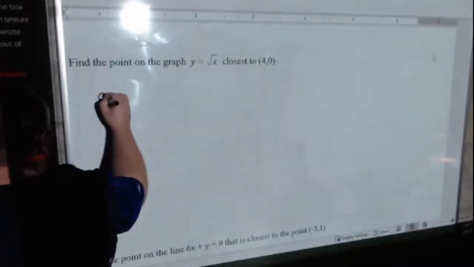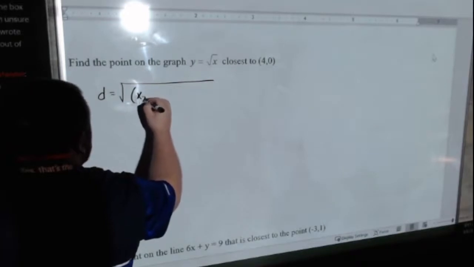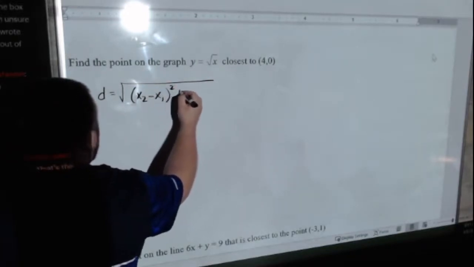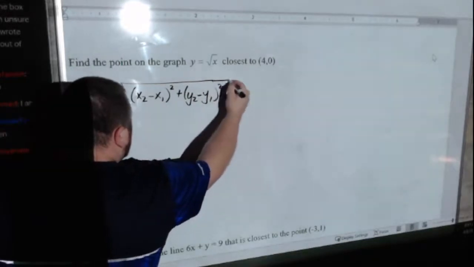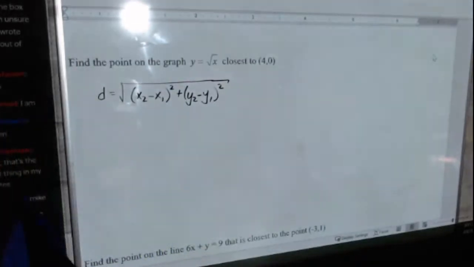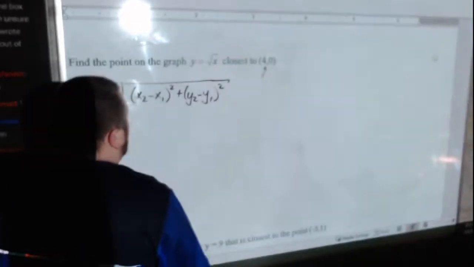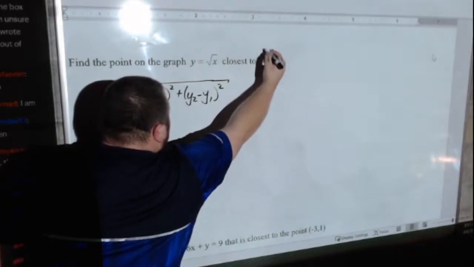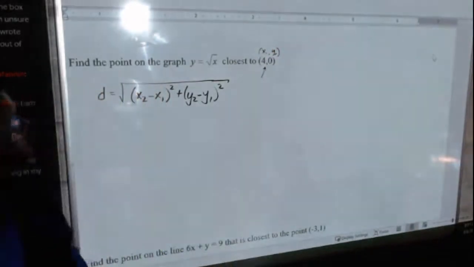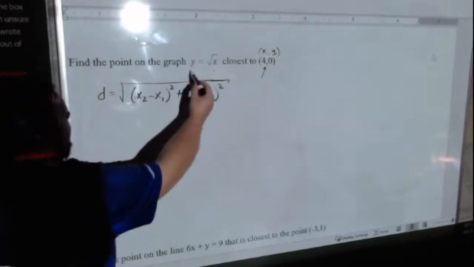So that is the square root of (x2 minus x1) squared plus (y2 minus y1) squared. Now we've got a point right here, and I'm going to call this point x1, y1. We just need the other point. Well, that would come from the function.